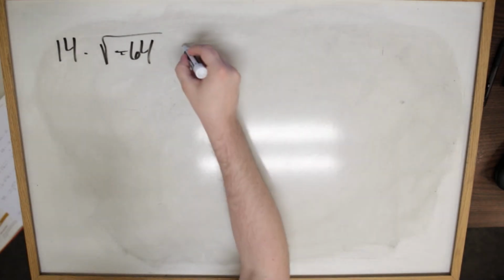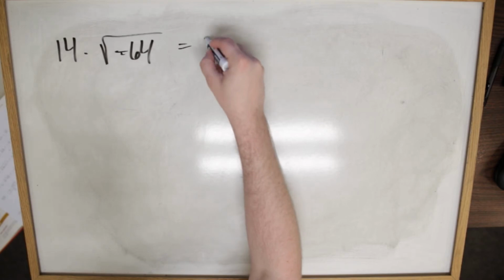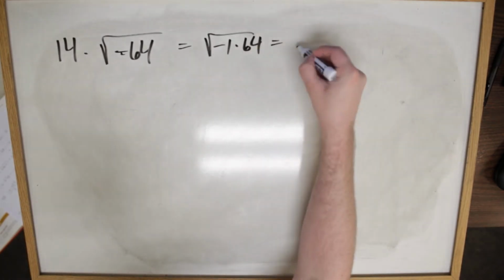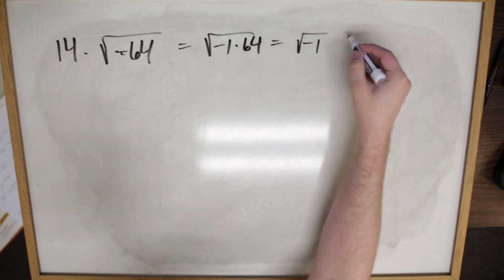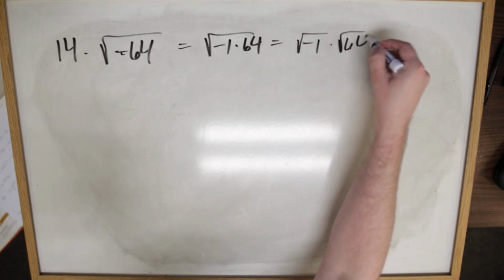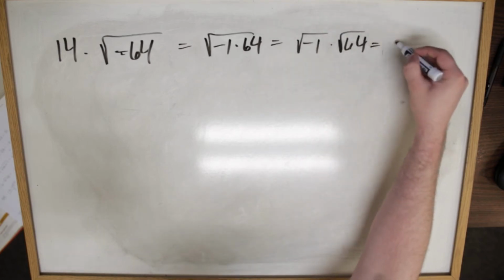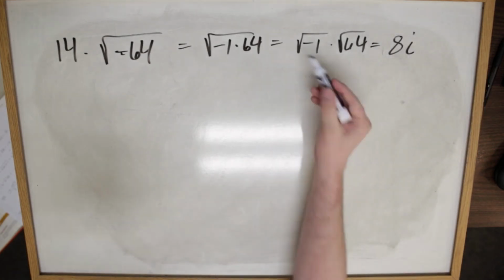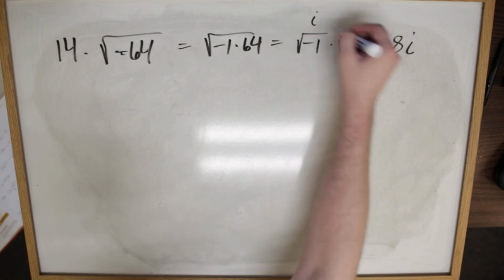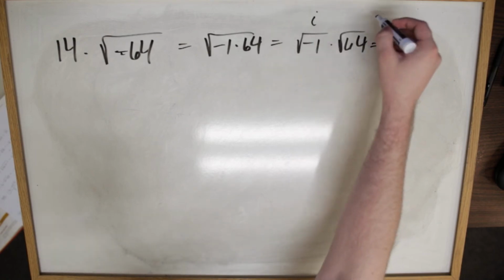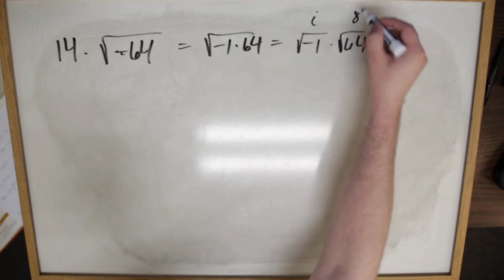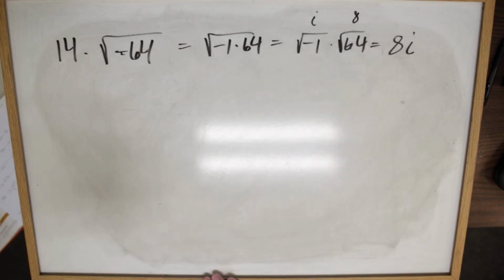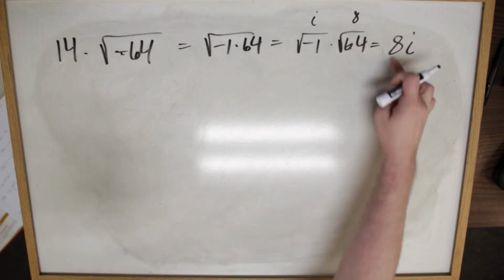So this is the same as the square root of minus 1 times 64, which is equal to the square root of minus 1 times the square root of 64, which is equal to 8 times i. This right here is i. This right here is 8. That's a 6, by the way. Those two things are multiplying together, so that's where we get the 8i from.